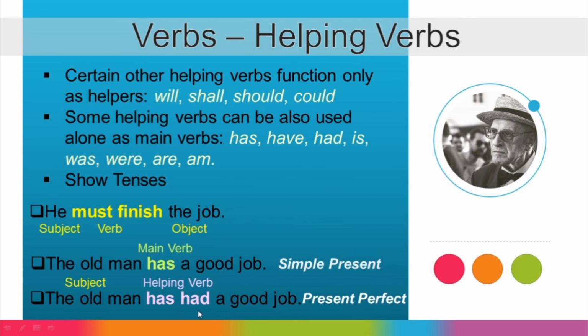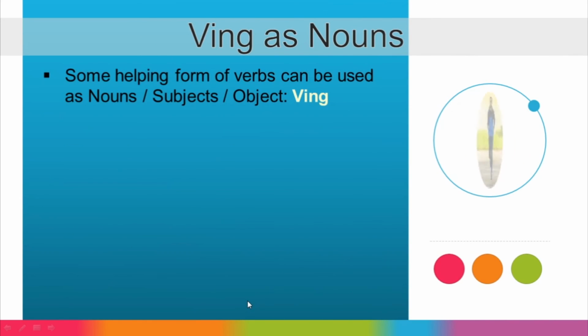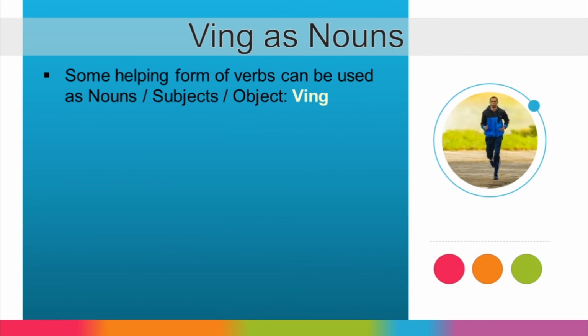Had is the main verb, therefore it has to be changed to verb 3, just like the rules for present perfect. Now we come across a bit of a problem that most people would think about as verb ing acting as nouns. What we talked about in the previous parts is that verbs are verbs, nouns are nouns. However, we talk about here the special form of a verb ing that actually can act like a noun.